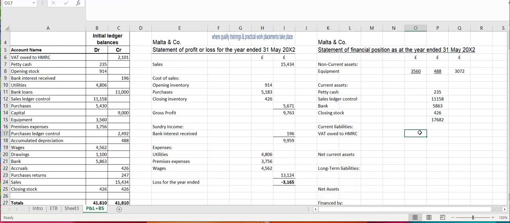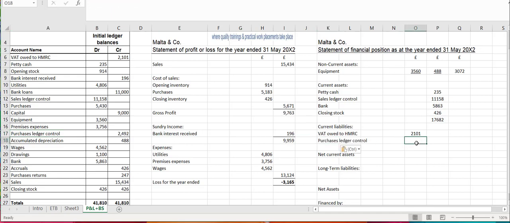I'm going to put that on the first column, provided I have more than one liability. So again, I'm going to come through from the top and start coming down very gently, looking for all my current liabilities, and then making sure that I pick them all and pick them correctly.